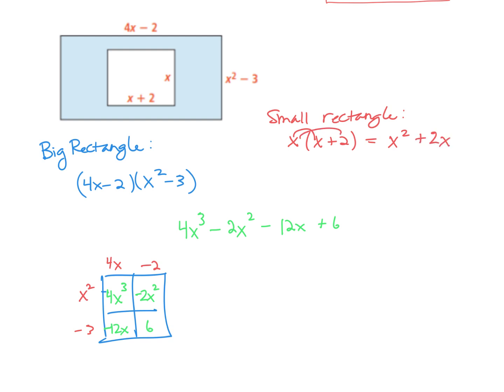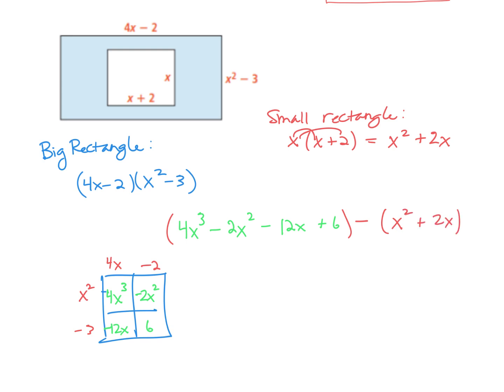Okay, so we said if we take the area of the big rectangle and we remove the small rectangle, it will leave us with the shaded region. So here we have the area of the big rectangle. Now removing is subtracting, so we're going to subtract the area of the small rectangle.